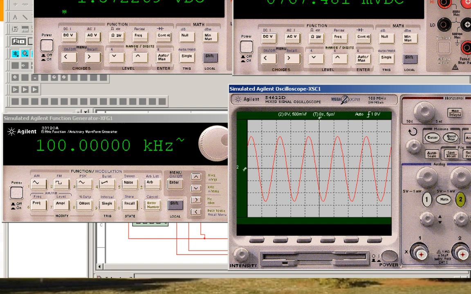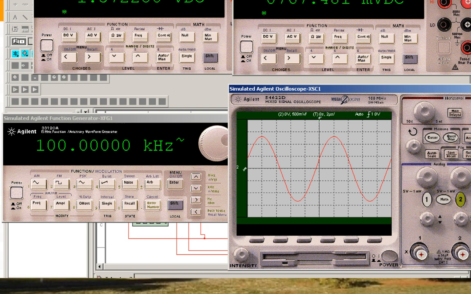Now you can see there's no distortion there. That's a nice looking sine wave. Now granted, it's out of phase, but that's not a big deal.